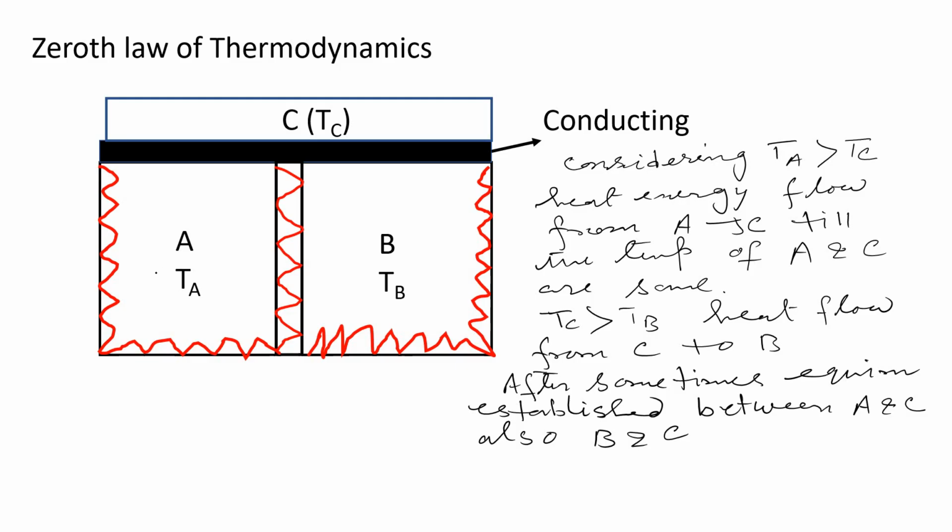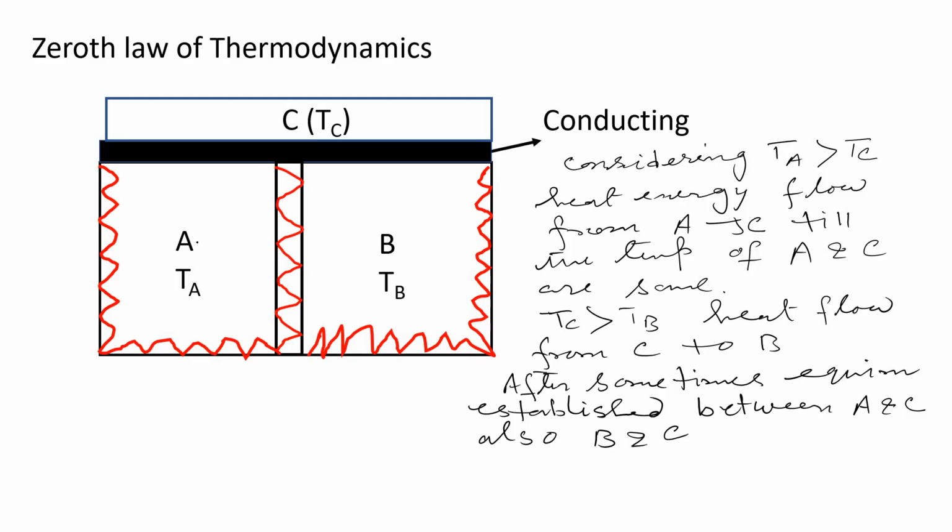Now if, after this condition, you just remove the insulation of this boundary, then what will happen? You will find that there is no heat transfer between A and B. Initially temperature was different, but now there will be no heat transfer between A and B. And you will find that the temperature of A and B will remain the same.